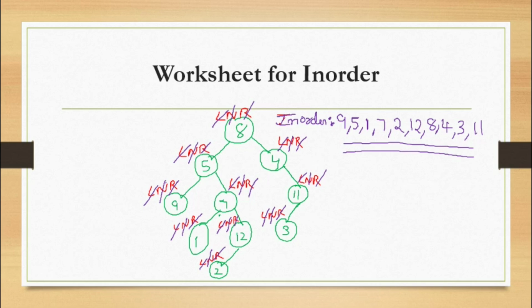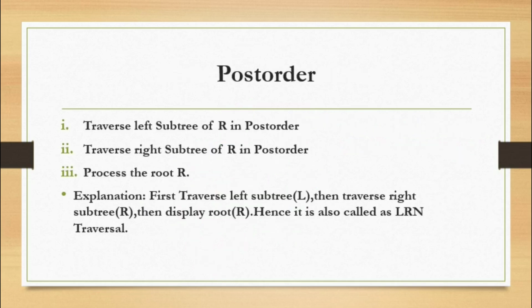So let us go to the last concept, which is the post-order. In post-order, we need to traverse the left subtree of R in post-order, then traverse the right subtree, then last process the root. The explanation is: first traverse the left subtree L, then traverse the right subtree R, then display the root. Hence it is also called LRN traversal, where left, right and last root.